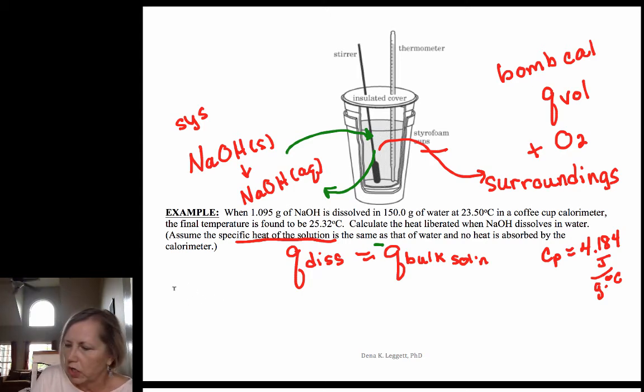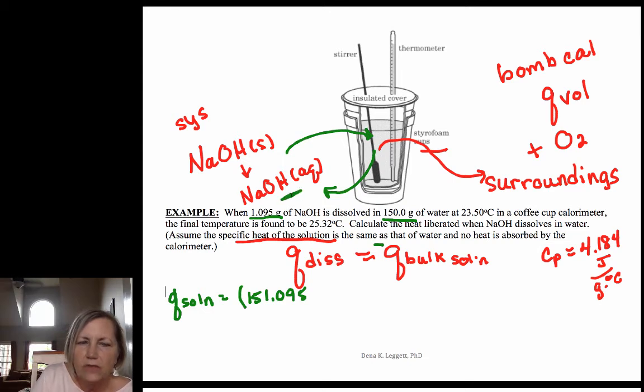I'm going to start with doing first Q of the solution. So my mass of my solution is going to be my mass of sodium hydroxide plus my mass of water. So I have 151.095. Once this has dissolved, it's part of that bulk solution.